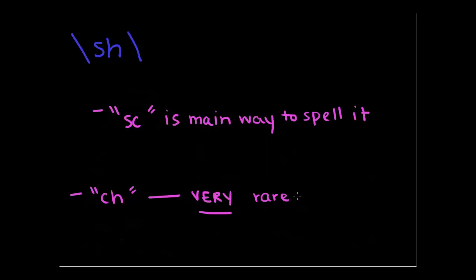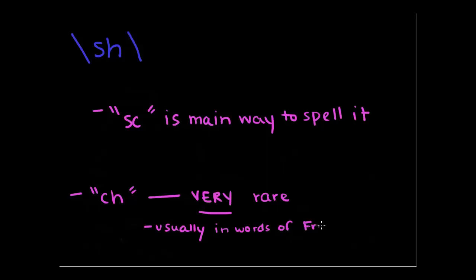So CH is usually going to be in words that have been through French. And if you recall in the French videos, we stressed the fact that the sh sound in French is going to be CH 99% of the time.